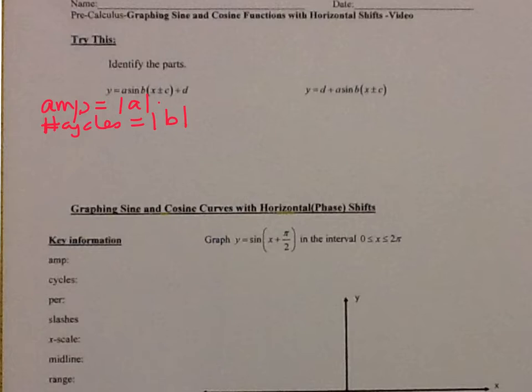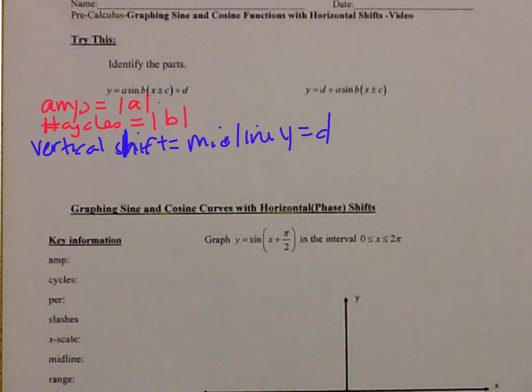My midline is y equals d. Now remember, your midline is your vertical shift. Okay, your vertical shift, that's a shift up and down. All right, that's your midline, and that's y is equal to whatever d is. Okay, now c is your horizontal shift.